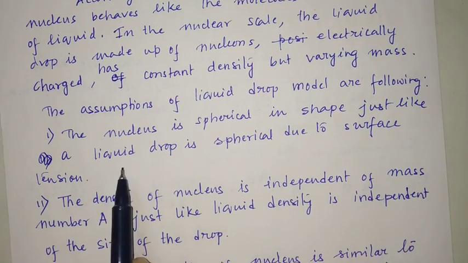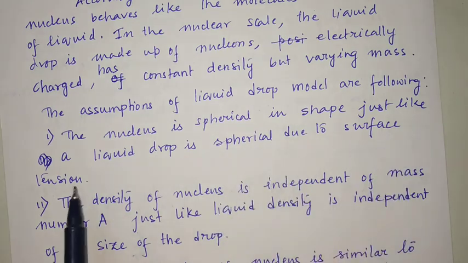The drop of liquid is spherical due to surface tension, because of which the liquid drop tries to occupy the least possible area, and the least possible area is possible only when the shape is a sphere. Similarly, the nucleus is also spherical, and on the surface of the nucleus there are also surface-tension-like forces acting, which make the shape spherical.